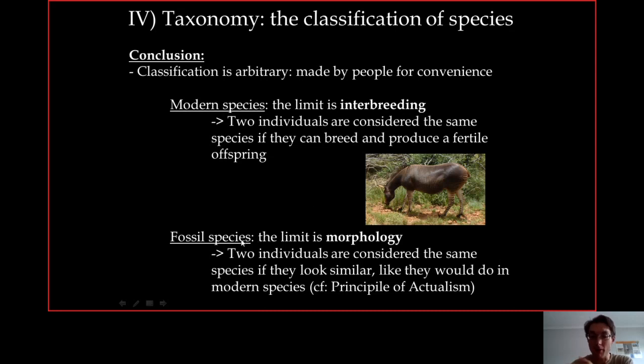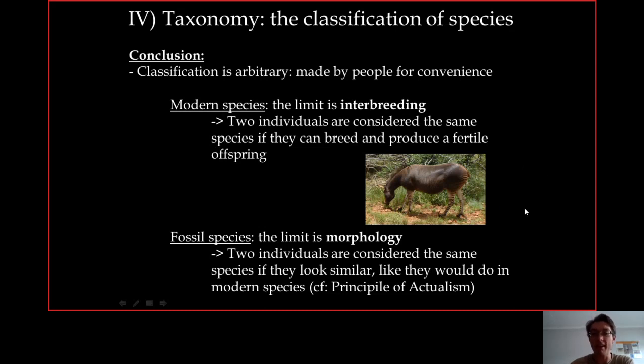Now, with fossil species, we have a problem. We have a problem because we don't know if they can interbreed or not, because these animals are mostly extinct, except for a few modern species that have a fossil record. For fossil species, we cannot know if they were capable of interbreeding.